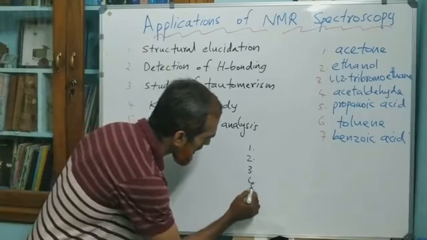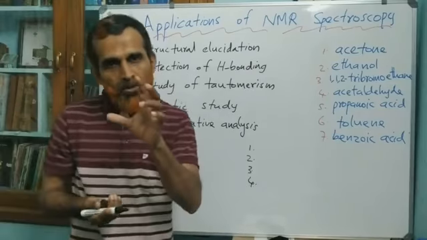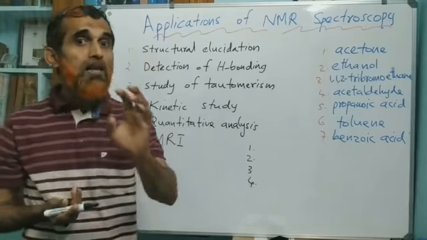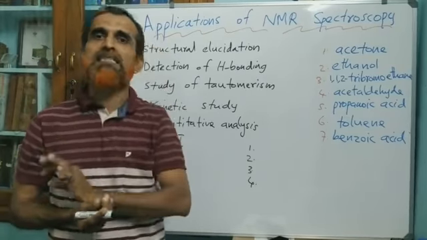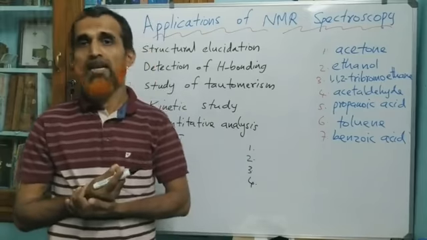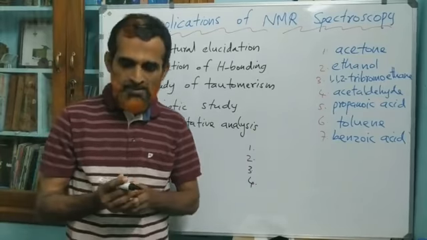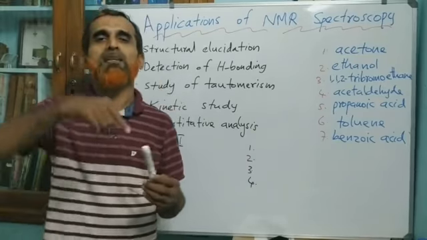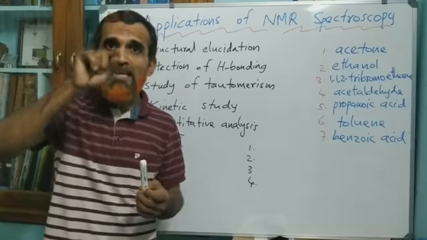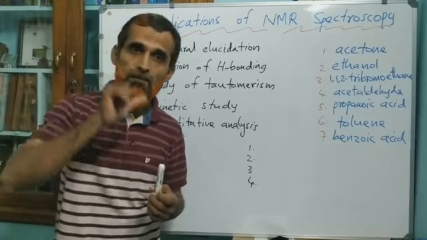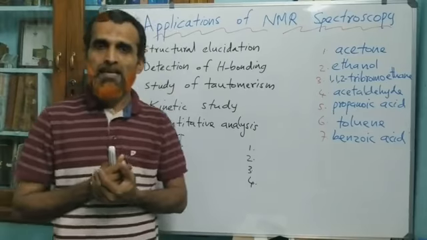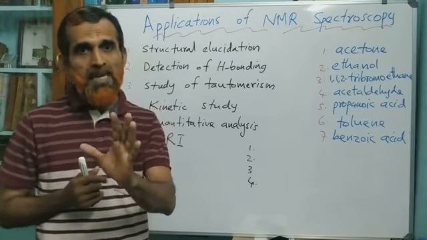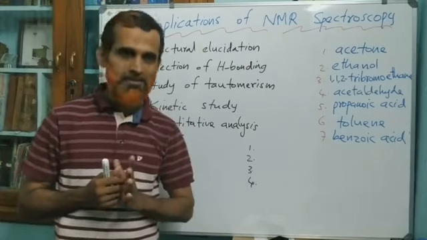And finally, we can deduce another important piece of information from the multiplicity of each signal. In the previous class, we learned about spin-spin coupling, which leads to splitting of the NMR signal. So the multiplicity of a signal, whether it is a doublet, a singlet or a triplet, gives information about the neighboring protons, isn't it?